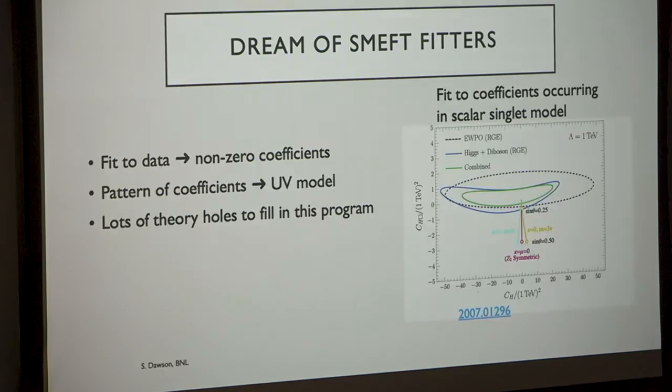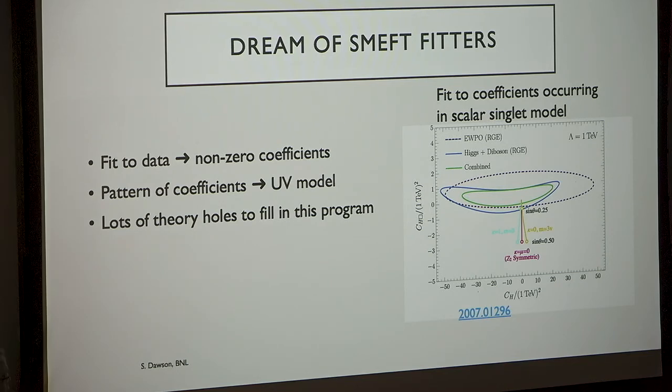Okay, so now you say, what does all this matter? So here is the dream of how this would work. I've got some model in the back of my mind, so I match this model to the SMEFT at the high scale. I generate these coefficients, I run down, I do my fit, and I see something. Okay, so this is a singlet model.